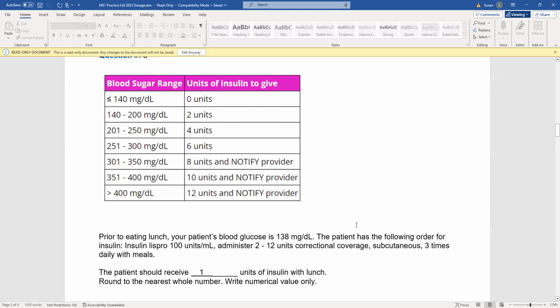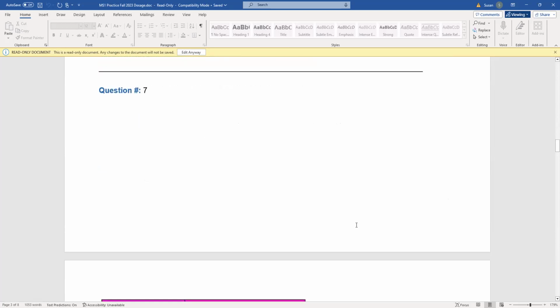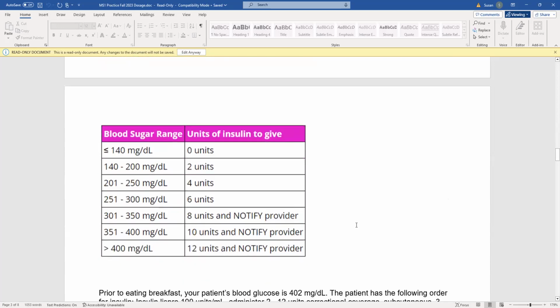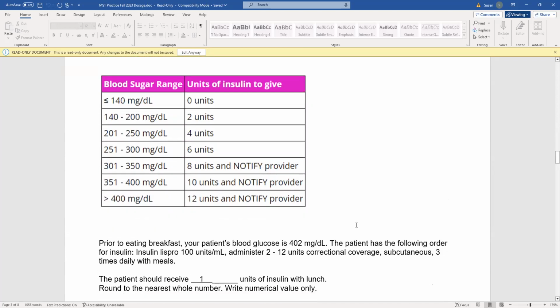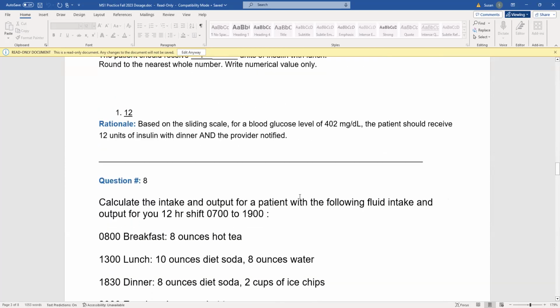Okay, good. So you give 12 units. Okay, not really that hard, guys.